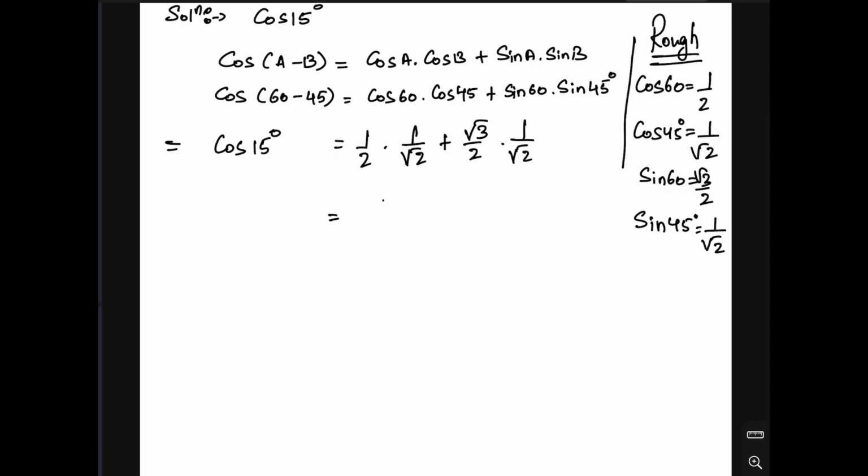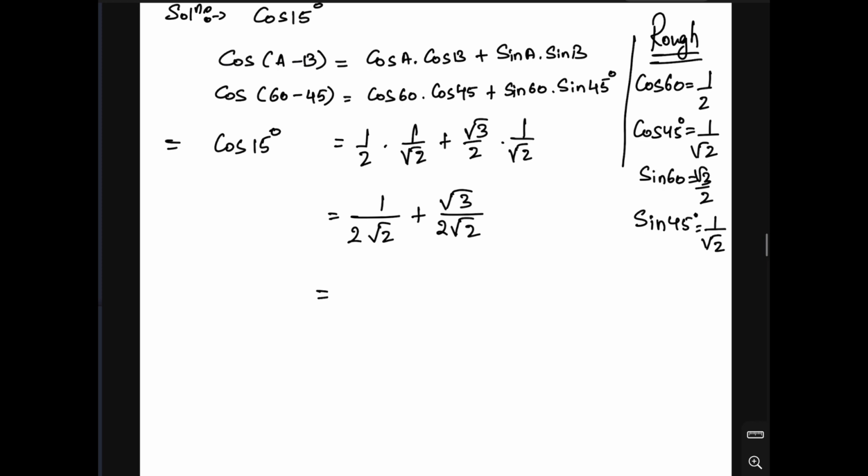So here 1 divided by 2 root 2 plus root 3 divided by 2 root 2. So here we can take the LCM as 2 root 2. So 1 plus root 3.